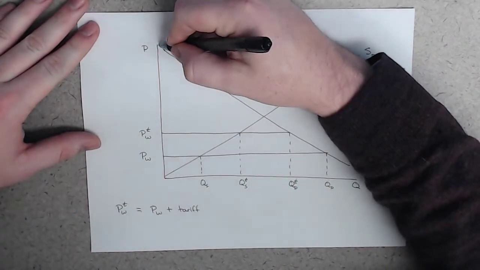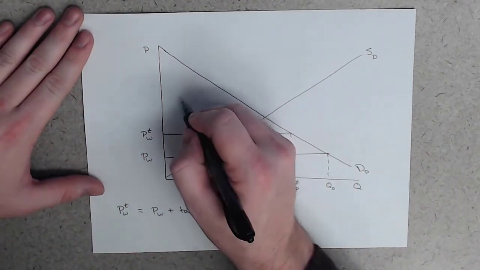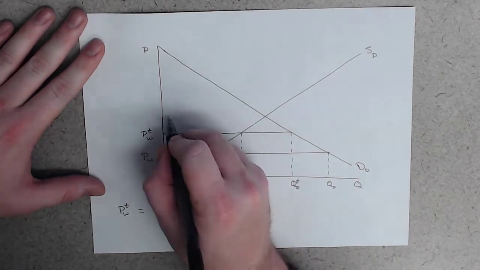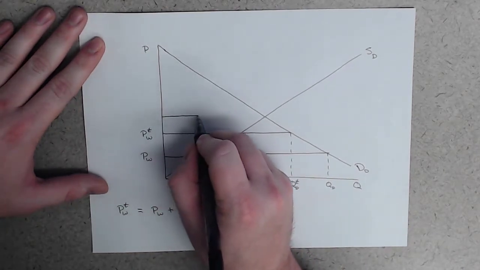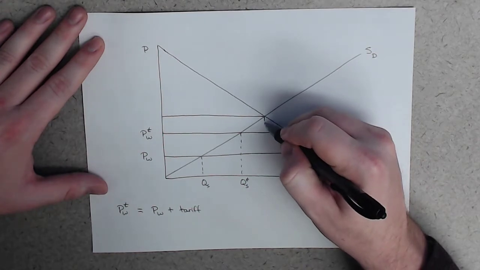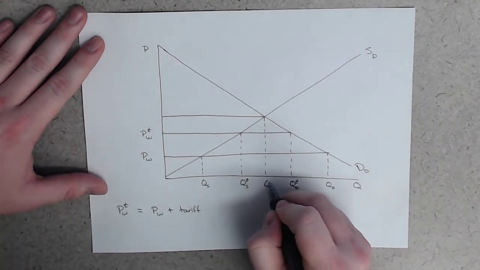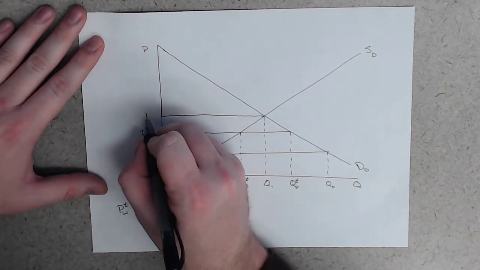And so let's go through what all these things are. Okay, so let's start labeling shapes. Well, let's add in the domestic equilibrium price, just to have as many shapes as we possibly can. And I know what you're thinking.